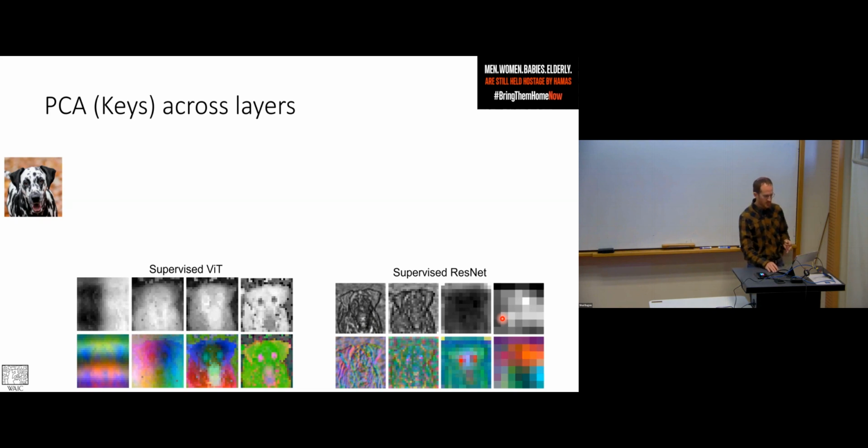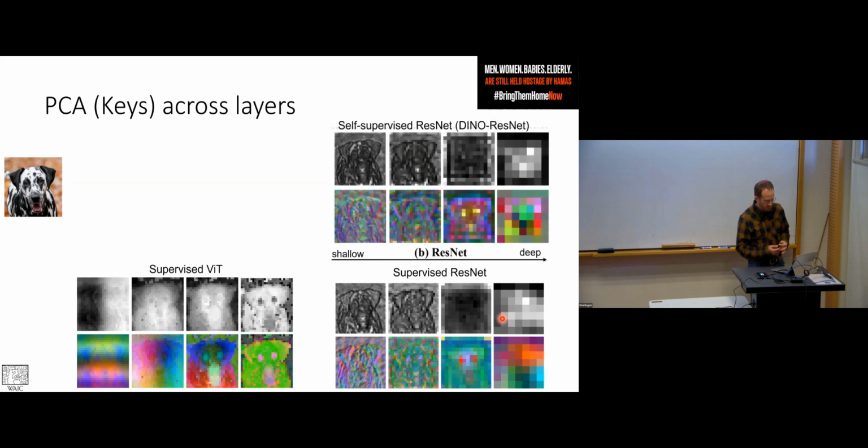Now let's compare these PCA features to those trained by DINO. So we have DINO, the same transformer trained with DINO, the same ResNet trained with DINO. So it's the same architectures, same data, but different training loss function.